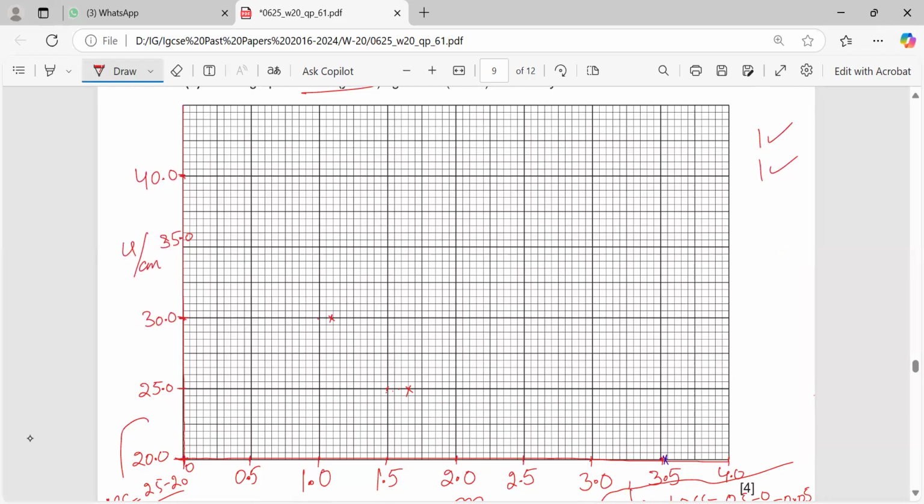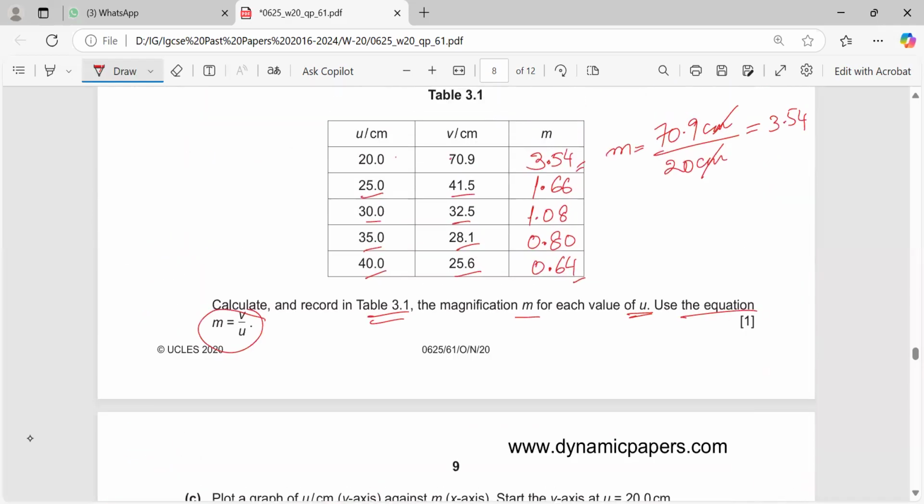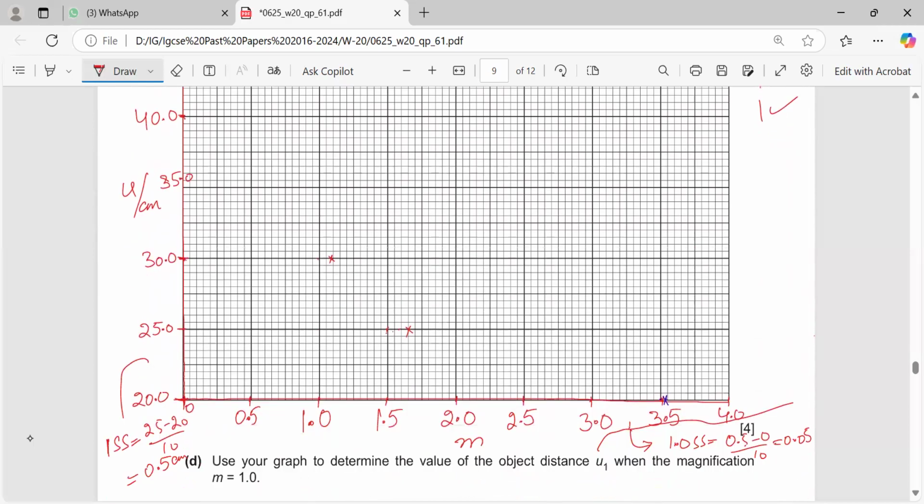And then, my dear friends, the next value is 35, 0.80. At 35, see, this is 1, so two boxes down here. This is 0.9 and this is 0.8. So here, and then, sorry, we can just make it more precise this way.